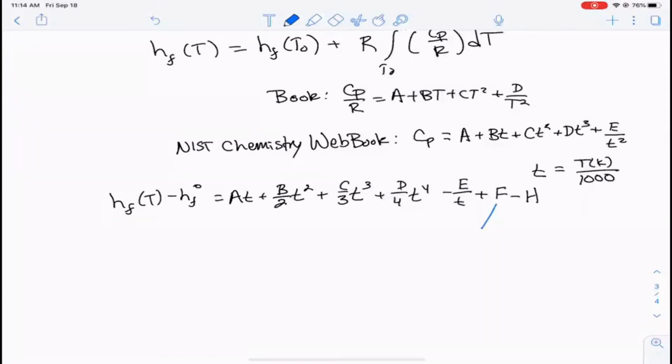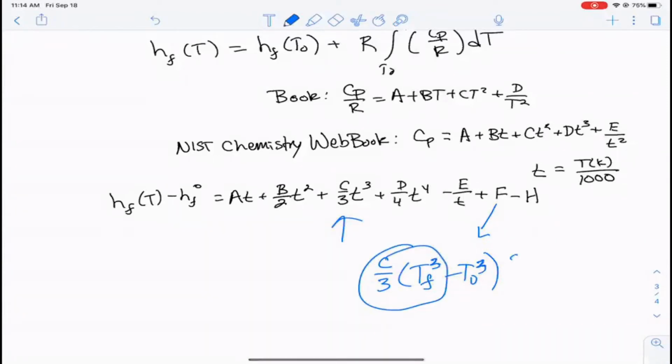And essentially, that term ends up containing all of the T0 information. So remember, in our expression above, we end up with terms like C over 3 times T final minus T0 cubed, right? Those are cubed. Well, their expression here still has that part, but like C over 3 times this, and then B over 2 times T0 squared and all that stuff, that's all just buried in F. So they've already calculated that, and they just treat that as a constant.